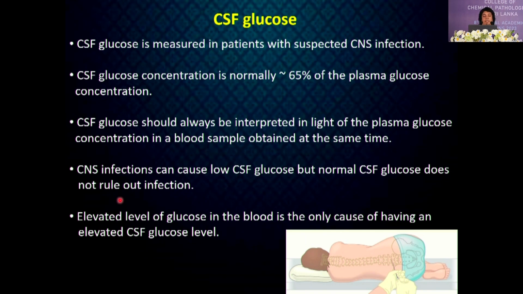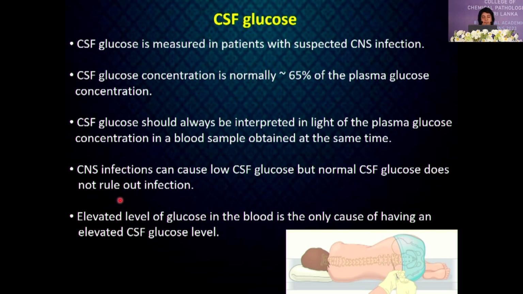Finally, few things about the CSF glucose. CSF glucose is measured in patients with suspected central nervous system infection. CSF glucose is normally 65% of the plasma glucose concentration. CSF glucose should always be interpreted in light of the plasma glucose concentration in a blood sample obtained at the same time.